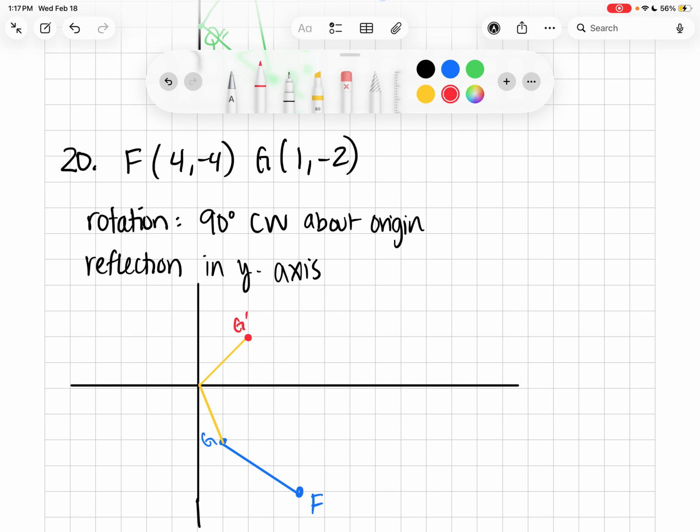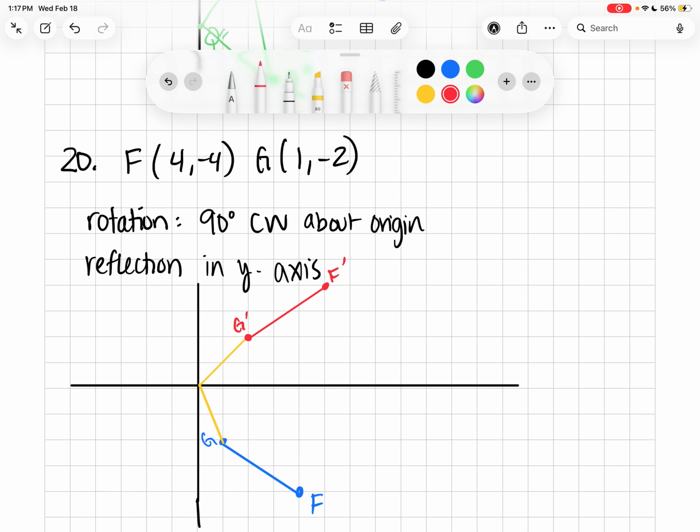And then to get to F from there, it would be going up to right 3. So I'm just basically looking at the slope of the lines here to get the approximate value.